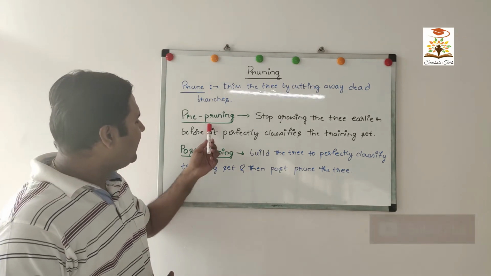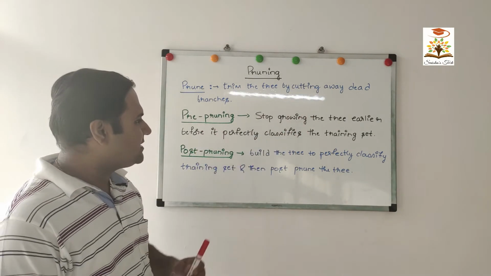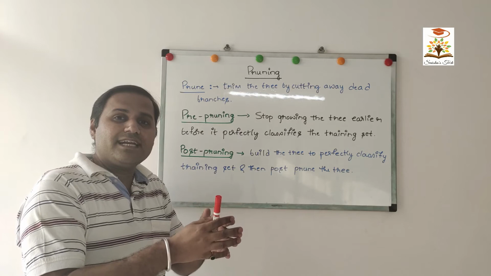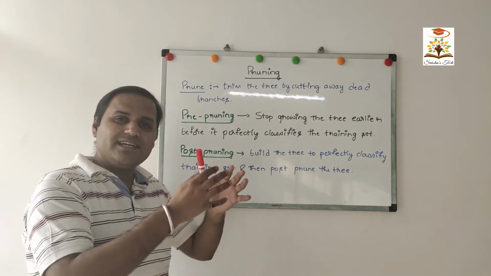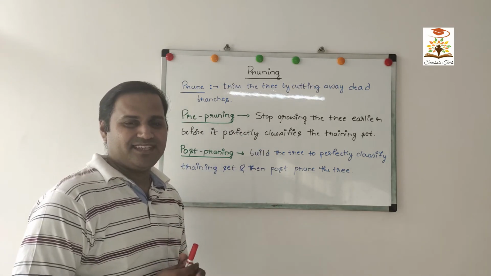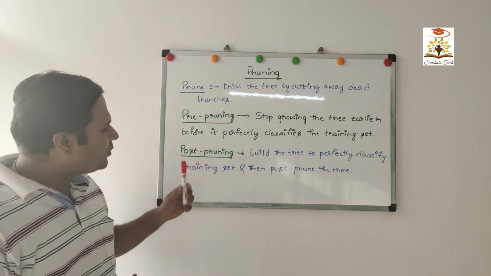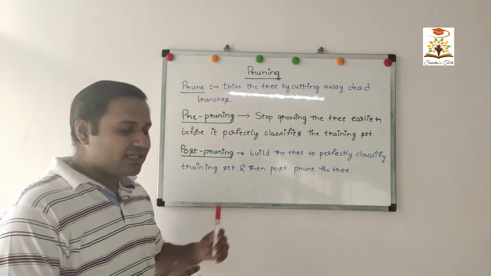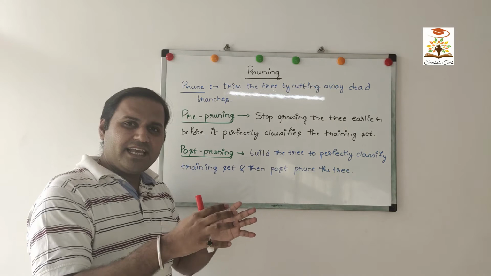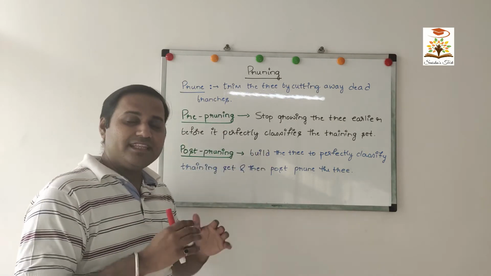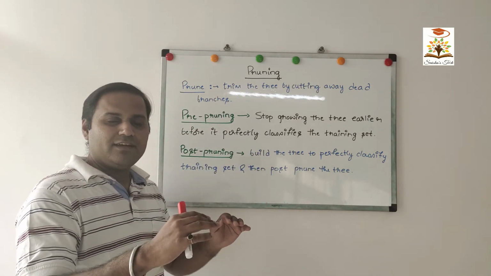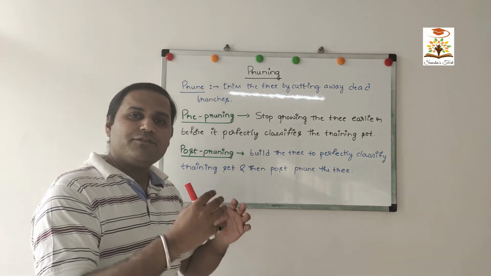In the pre-pruning technique, we stop growing the tree before it perfectly classifies the training set. Similarly, in the post-pruning technique, we build the tree perfectly according to the training set and then post-prune the tree for providing the perfect output.